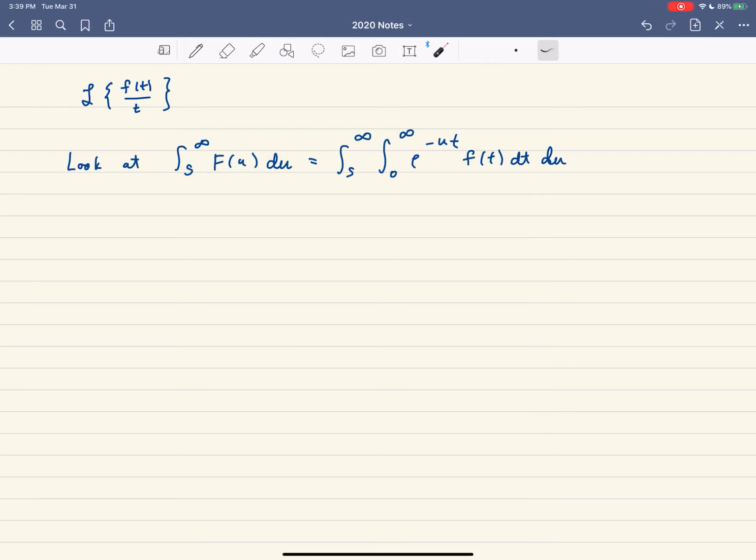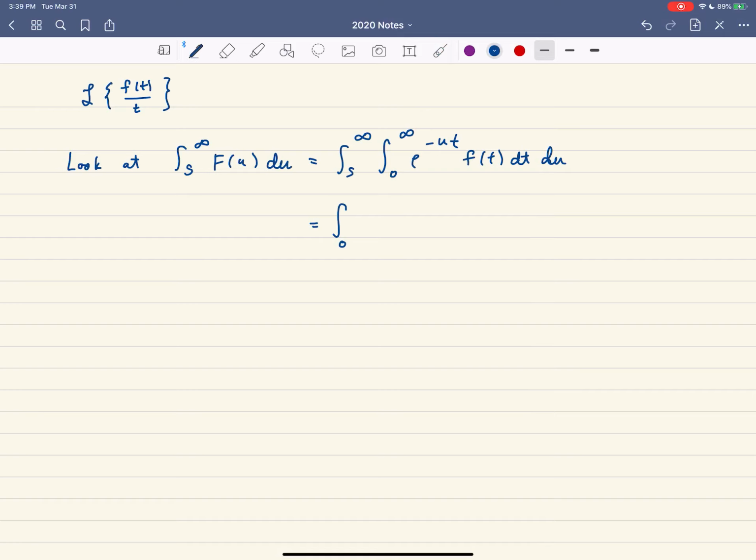And again, I'm going to do something completely unjustified, but it turns out it's fine. I'm going to switch the bounds of integration, and it turns out that we can do this with no problem based on Fubini's theorem in Calc 3. If you have a nice enough function, you can switch the order of integration. Here, switching the order really is fine because our bounds for t don't depend on u. Our bounds for t just go from 0 to infinity.